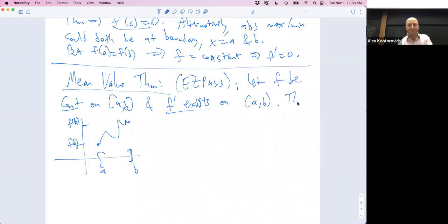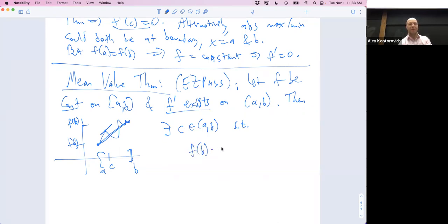Whatever your average speed over that time period is, there must exist some place where your instantaneous speed is the average. Then there exists some point C in the interior such that, what's your average speed over this interval?